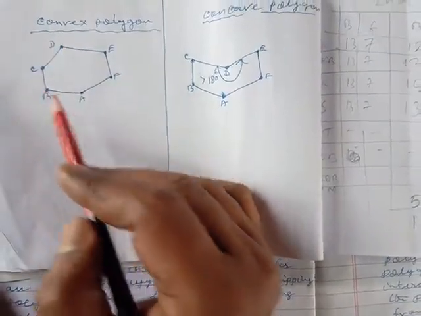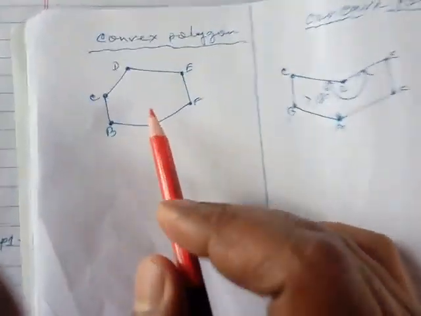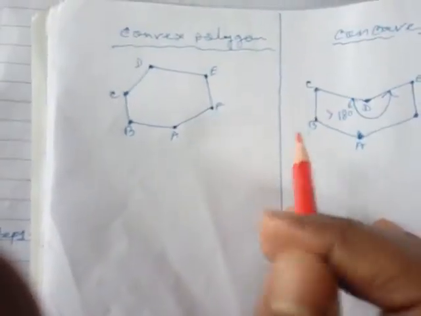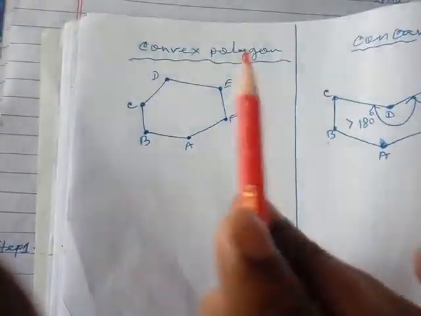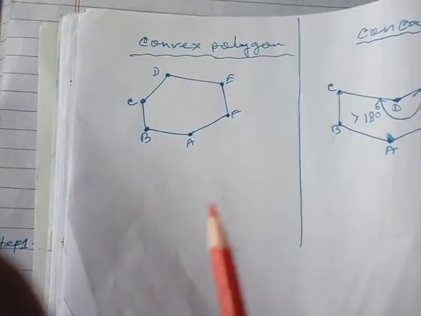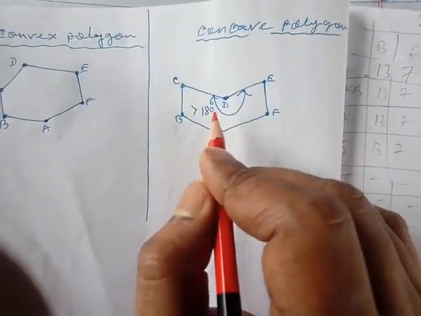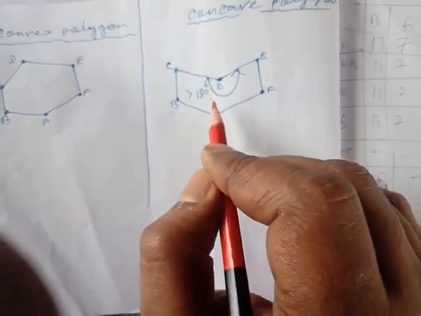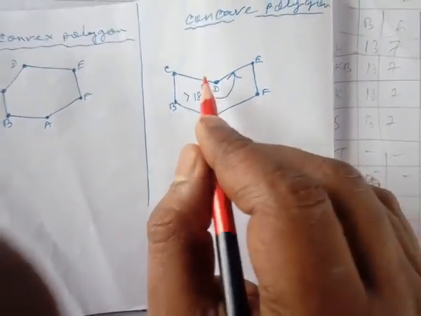A convex shape polygon is a polygon in which there is no interior angle whose size is more than 180 degrees. All the interior angles are less than 180 degrees. In the case of a concave shape polygon, there is at least one interior angle whose value is more than 180 degrees.